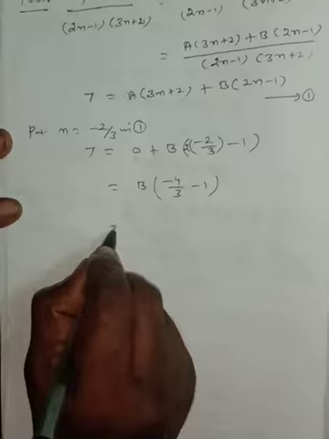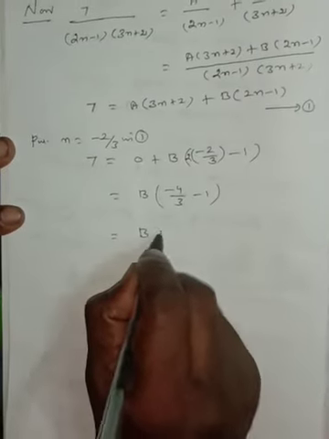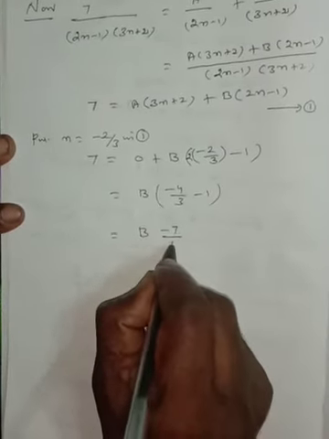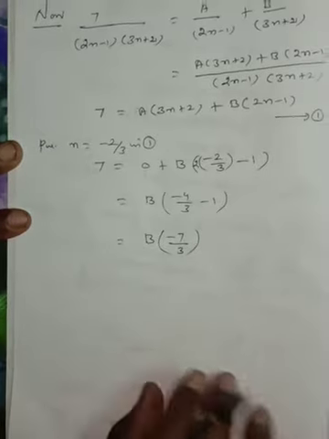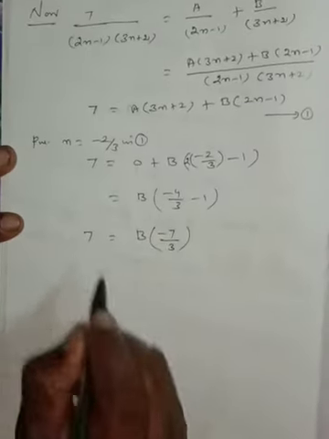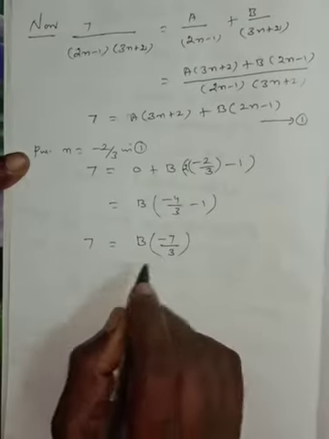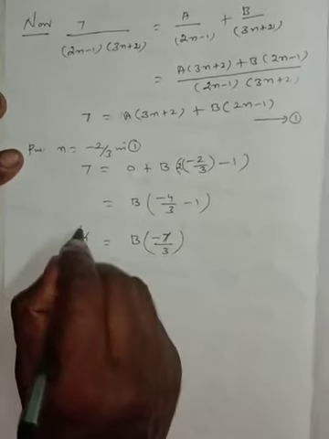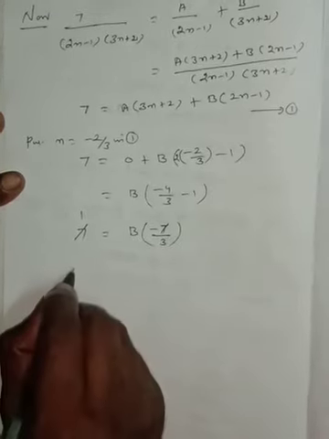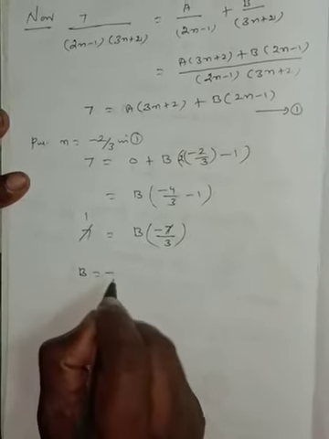Taking LCM, b into minus 7 divided by 3. Left hand side 7, so 7 and 7 cancel. Cross multiplying, b is equal to minus 3.